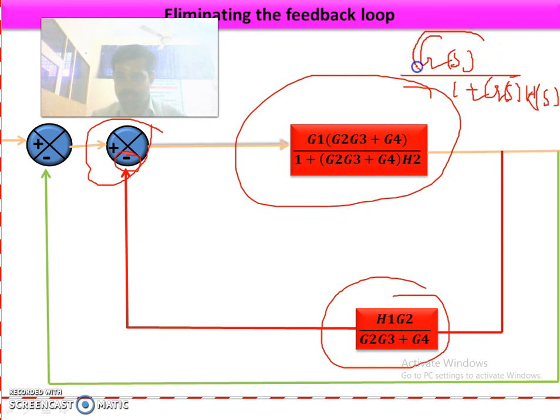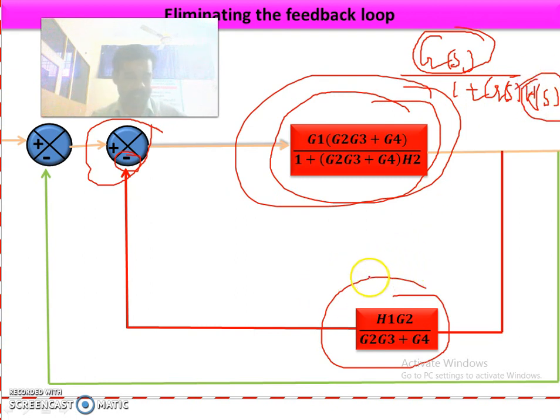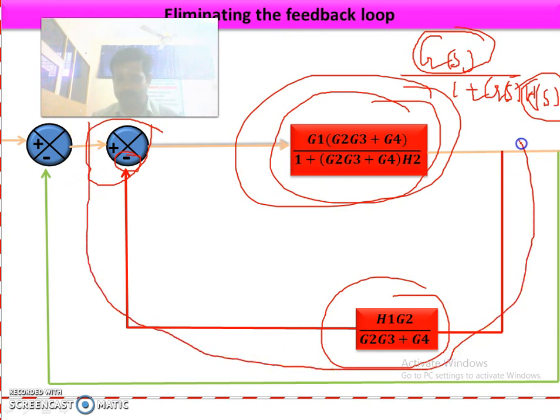so instead of G of s we have to substitute this term, and instead of H of s we have to substitute this term. So you will be getting G of s divided by 1 plus G of s H of s. Okay, so we can eliminate this entire feedback path.